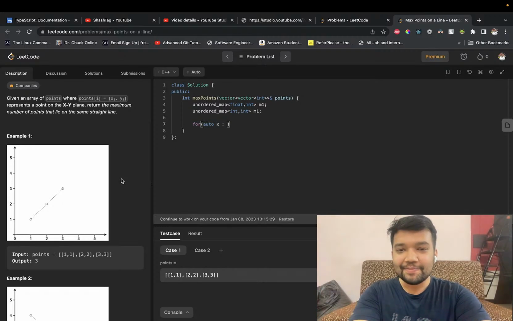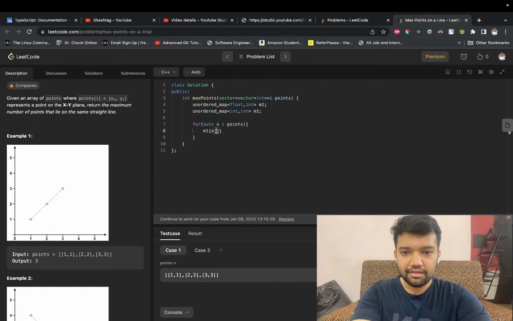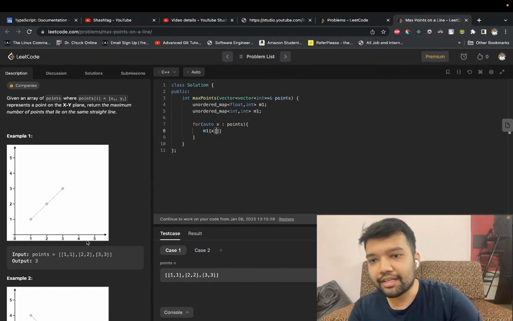For x of points, x would be a vector, so I can do this. m1 of x of... so is it x, y?